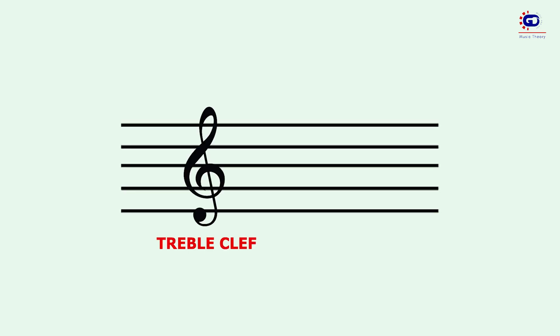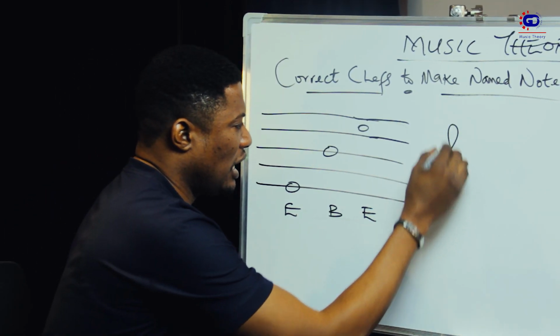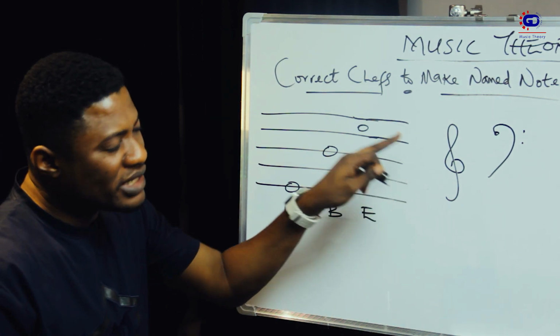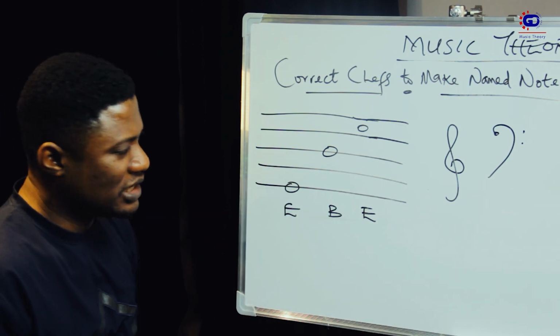So far, we have learned about two clefs: the treble clef, which you also call the G clef, and the bass clef, or F clef. You have to place it somewhere and understand that the placement of these clefs determines the names of these lines and spaces.